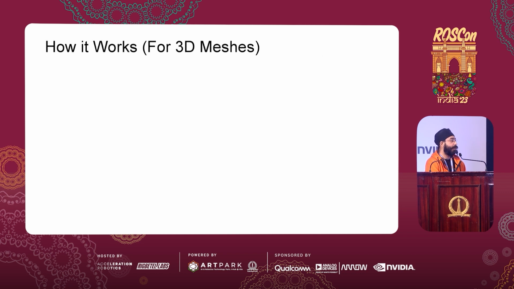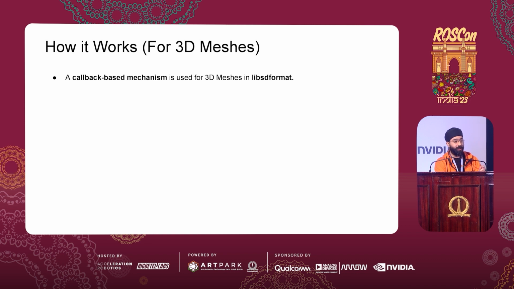Now another very common geometry type is 3D meshes. For that, we have included a callback based mechanism in libSDFormat. This was done because different simulation platforms might have different solutions for the moment of inertia calculation. We didn't want to restrict the simulation platforms to only one kind of calculator, and this also prevents any burden on libSDFormat of adding dependencies, keeping it lightweight as it is.